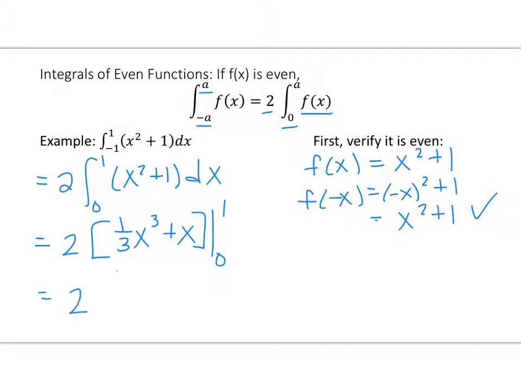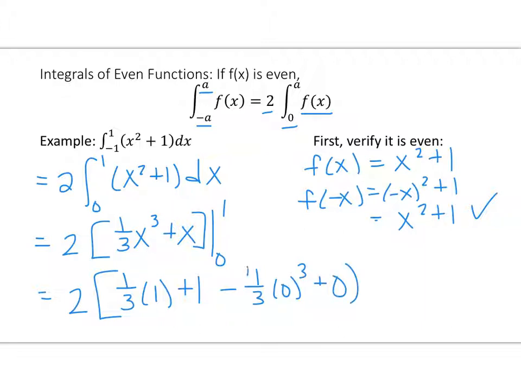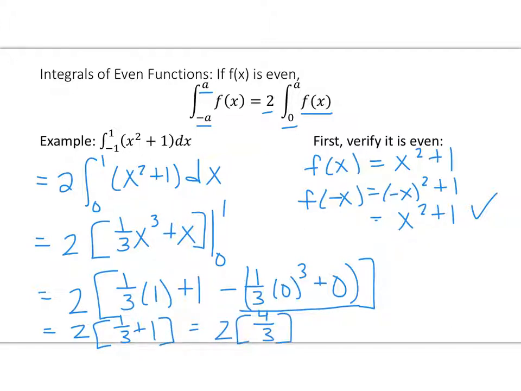So now I have 2 times 1/3 times 1 plus 1 minus 1/3 times 0 to the third plus 0. And so by putting that 0 there, I know that the second half is just going to be 0. So this is 2 times 1/3 plus 1. So this is equal to 2 times 4/3. So this is equal to 8/3.